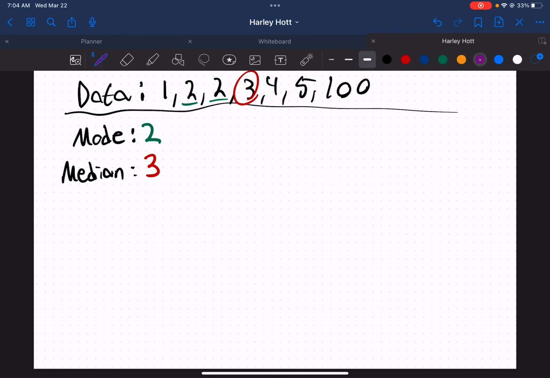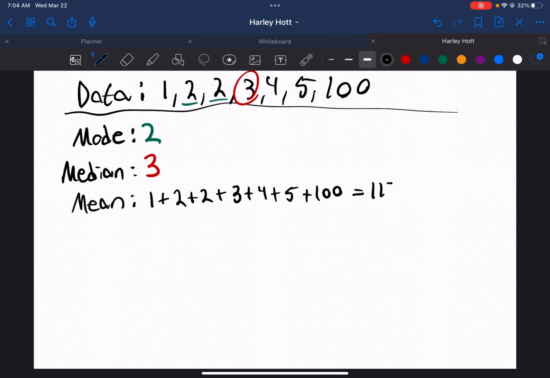Now, the mean is the weird one. To find the mean, you start off by adding all of the data together. So here I would get 1 plus 2 is 3, plus 2 is 5, plus 3 is 8, plus 4 is 12, plus 5 is 17, plus 100 is 117. Then we divide by how many data points we have.